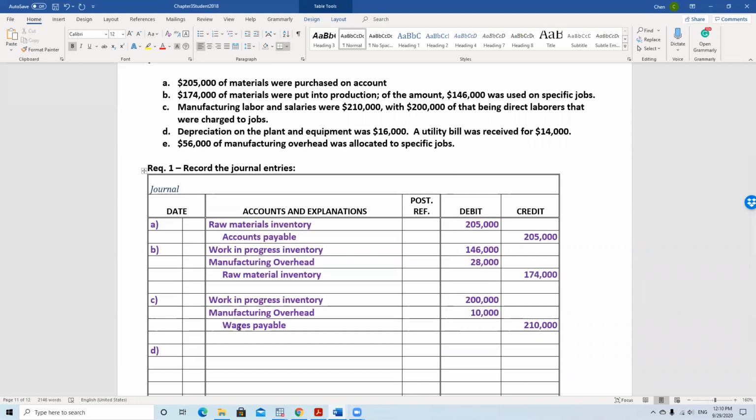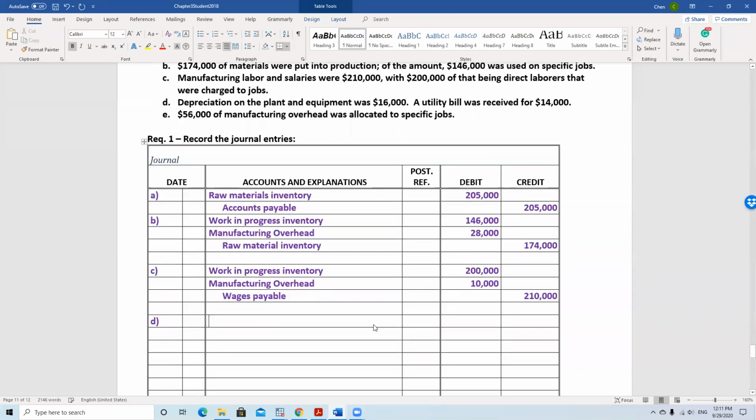D, depreciation on the plant and equipment was 16,000. Utility bill was received for 1,400. So this is manufacturing overhead that actually happened.